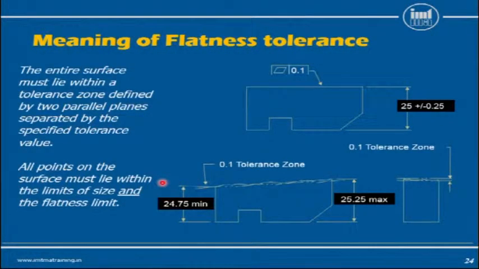I have yet another example here wherein the size tolerance of a given part is 25 with 0.5 millimeter tolerance, plus minus 0.25, and the top surface says flatness control within 0.1 millimeter.